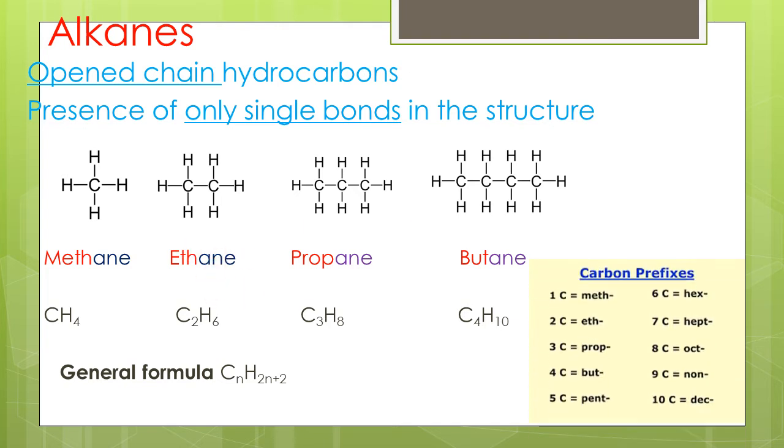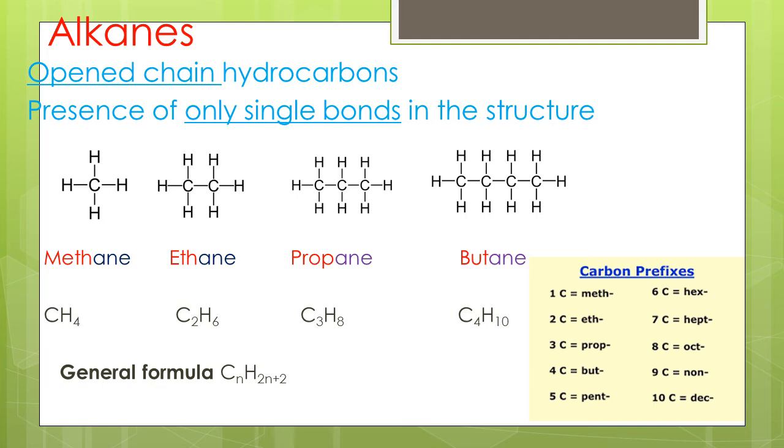Just have a look at this table. If there is one carbon atom in the structure, its prefix is meth. If there are two carbon atoms, the name starts with eth. For three carbon atoms, the prefix is prop.